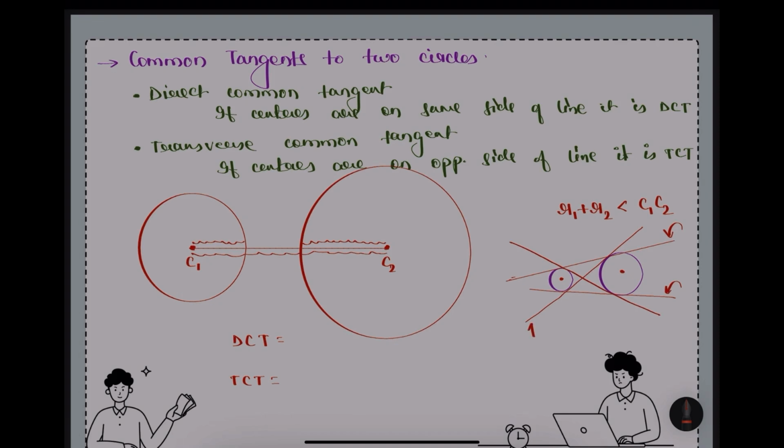Now observe this one. One center is on this side, the other center is on this side, so it is on the opposite sides of the line. So this is a transverse common tangent. So direct common tangent count is 2, transverse common tangent count is 2. I hope this situation is clear now.